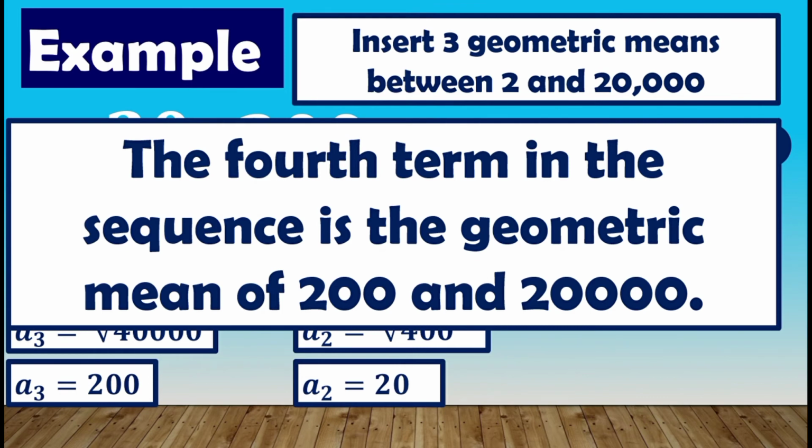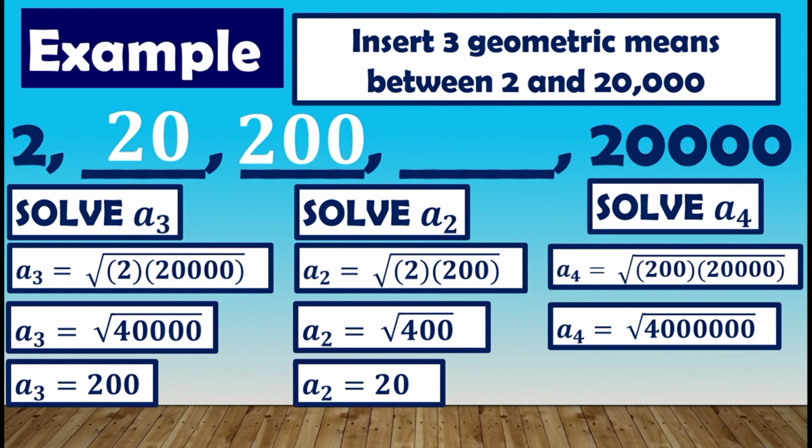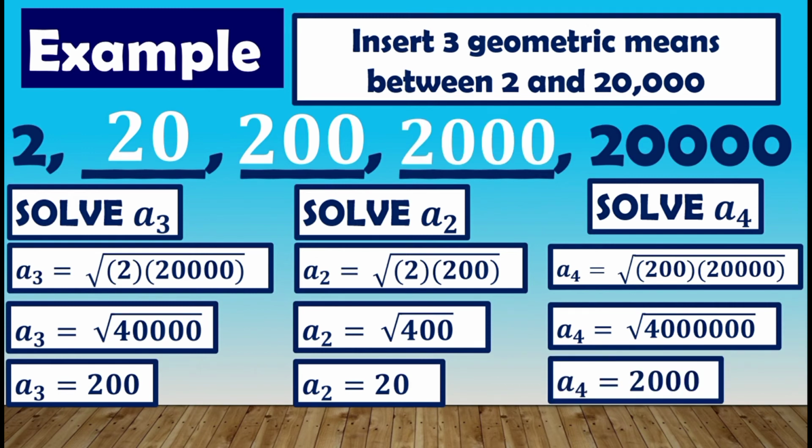To solve for our fourth term, that is equal to square root of 200 times 20,000. So fourth term is equal to square root of 4 million, and that is equal to 2,000. This means that the geometric sequence has terms 2, 20, 200, 2,000, and 20,000. This means the three geometric means between 2 and 20,000 are 20, 200, and 2,000.